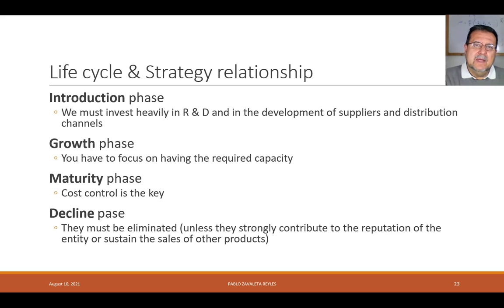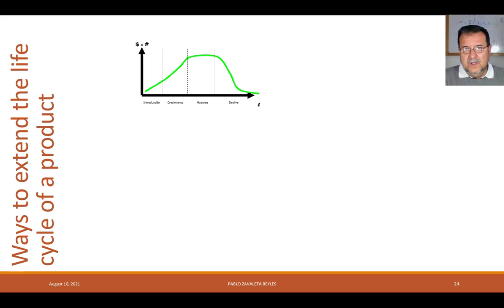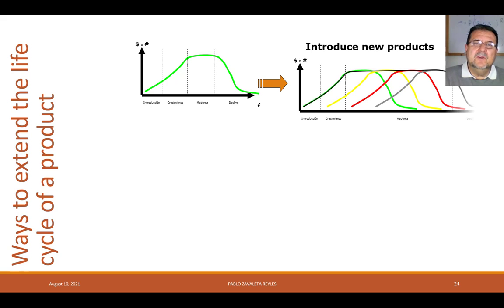How can we extend the life cycle of a product? Well, we start with the first graph that we've seen. For example, we can introduce new products. Products that tend to replace the previous one exactly when it is reaching maturity.